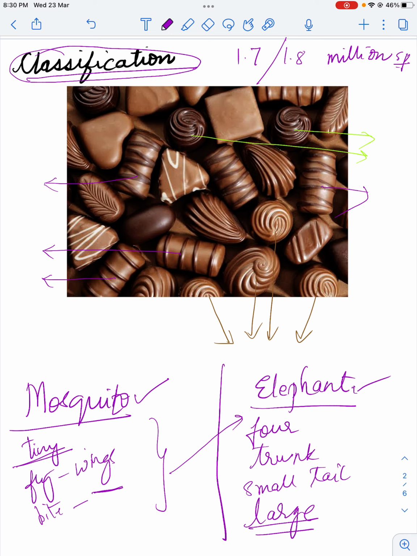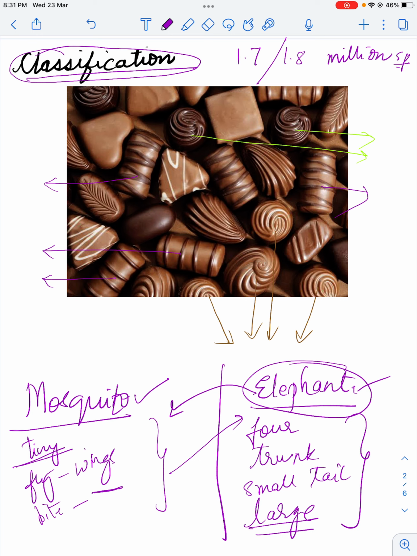Obviously none of us are going to categorize an elephant into a mosquito group, because the characters which I've listed here can be easily identified, seen and described by anybody. And that is how I would like to bring this idea of classification into your learning.